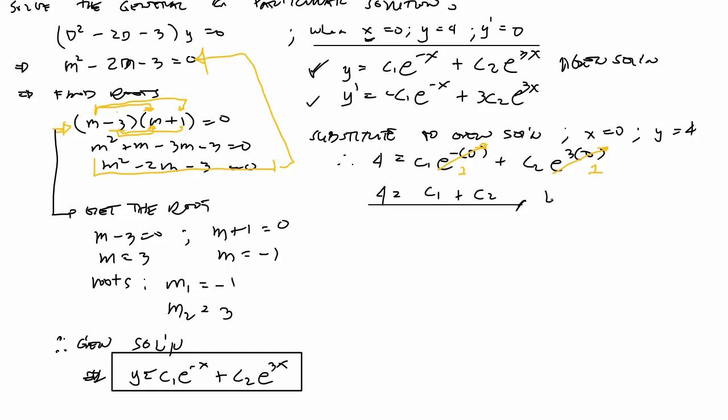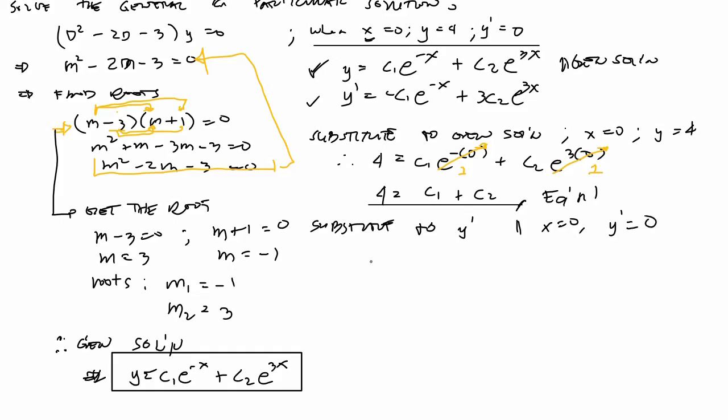So we have our equation 1. And also we need to substitute into our first derivative that when x is equal to 0, y prime is equal to 0.